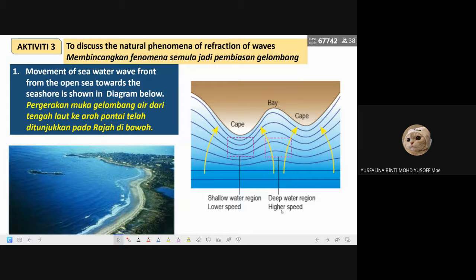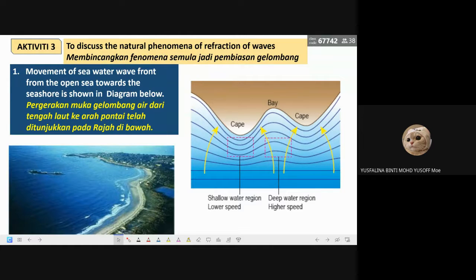Alright, the next part is you have to discuss the natural phenomena of refraction of waves. The movement of seawater wavefronts from the open sea towards the seashore is shown in the diagram below. So this is the cape, at this part. Okay, this is the cape, right?